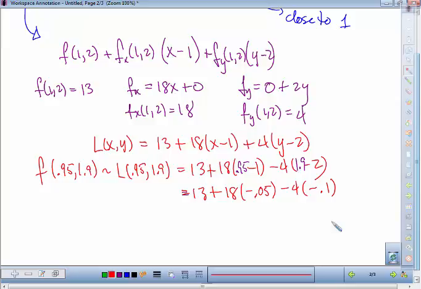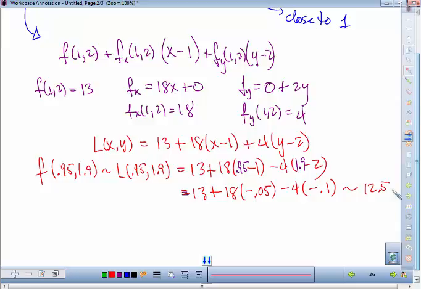Now we'll need a calculator. What is it? 12.5. Okay.